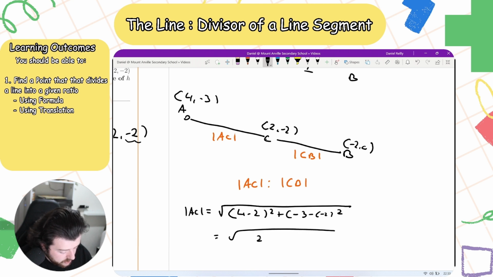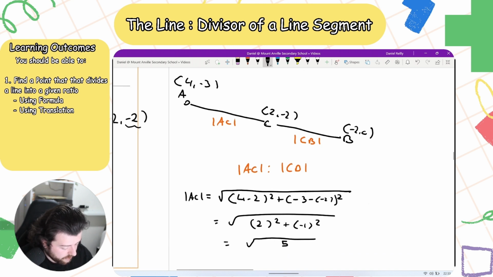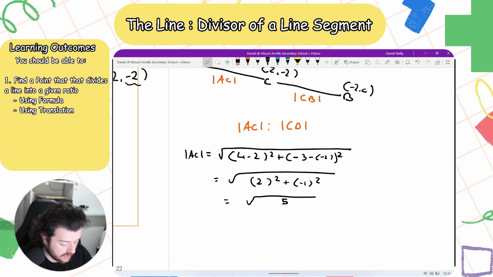That is going to be 2 squared plus (-3 plus 2, which is -1) squared. 4 plus 1, which is root 5. So AC is equal to root 5.